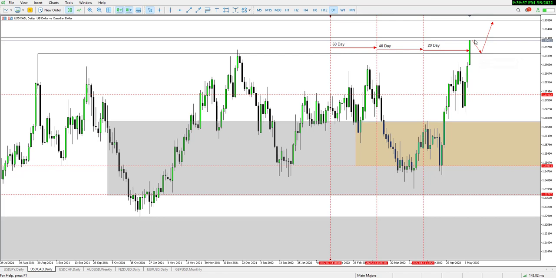Now, remember, this candle here, when price returns to this level, you need negative news for the Canadian dollar. You need positive news for the dollar for this level to provide support. If nothing of that sort exists, then there's no need for you to participate in this asset, right?